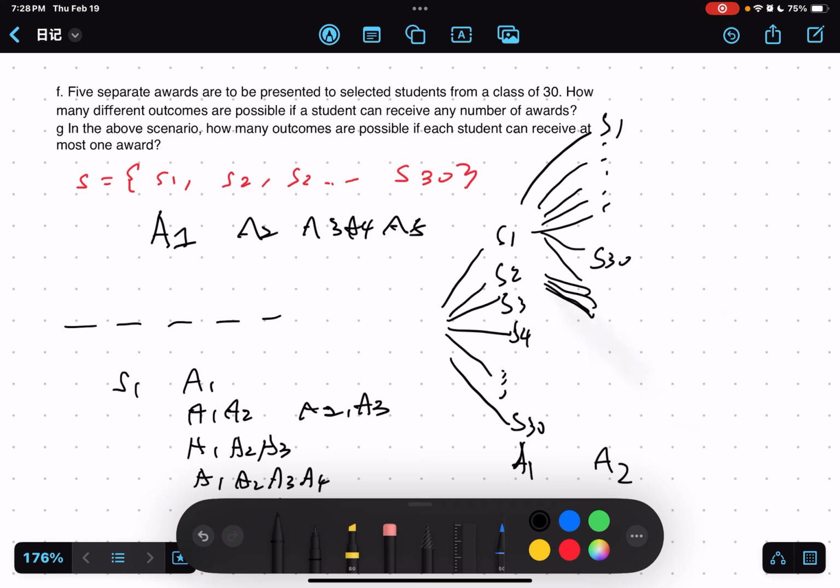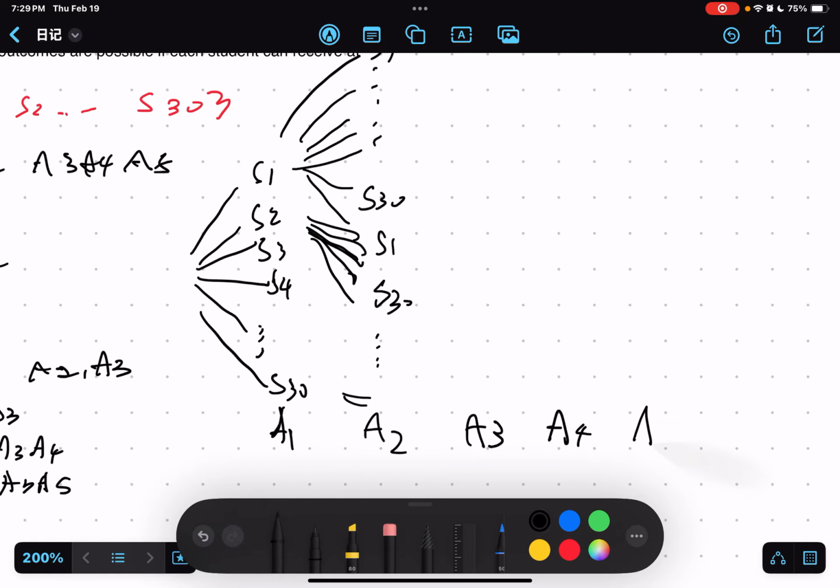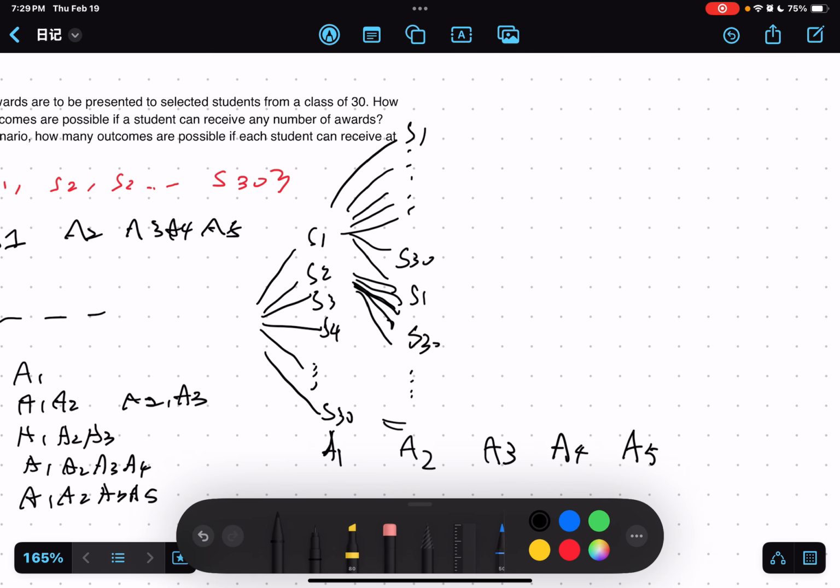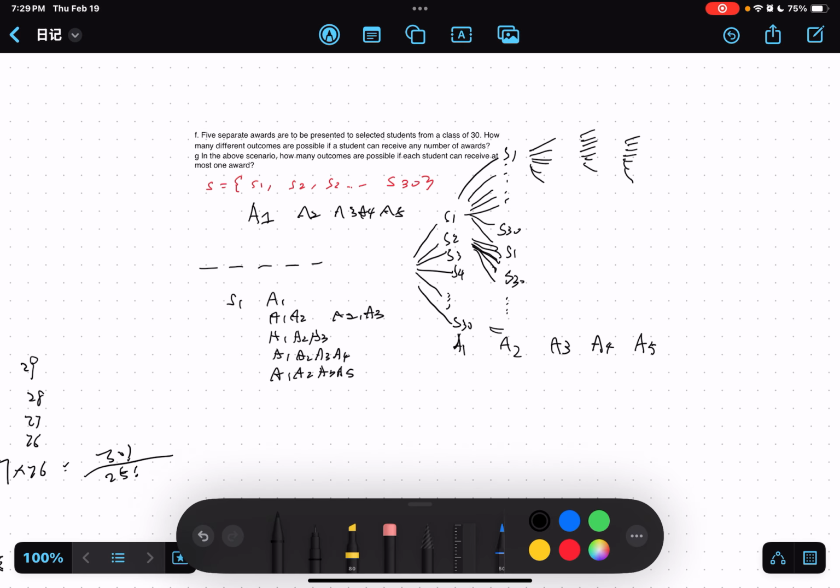And similarly for S2, we still have 30 ways, and similarly for the rest. So it's a similar process for the following 3 steps. We still have 30 ways to choose at each step.